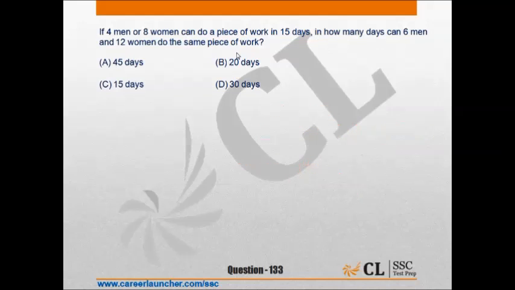The next question is, if 4 men or 8 women can do a piece of work in 15 days, therefore I can understand from this question that 1 man's work is equal to 2 women's work. In how many days can 6 men and 12 women do the same piece of work? So 6 men would be equal to 12 women.